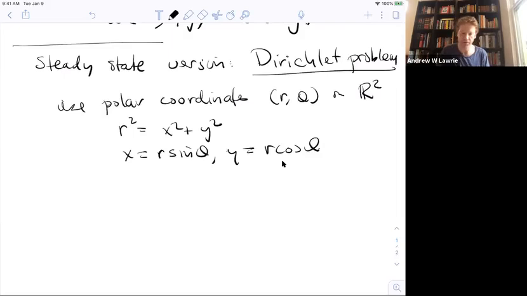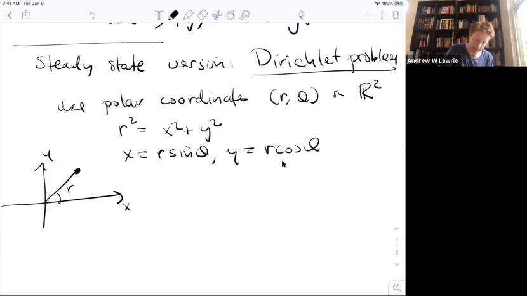So we're going to change coordinates from the xy plane to the r theta plane. What this means is, if here is x and y, then we recharacterize each point, each vector in the plane, by its length r and by the angle formed with the x-axis.